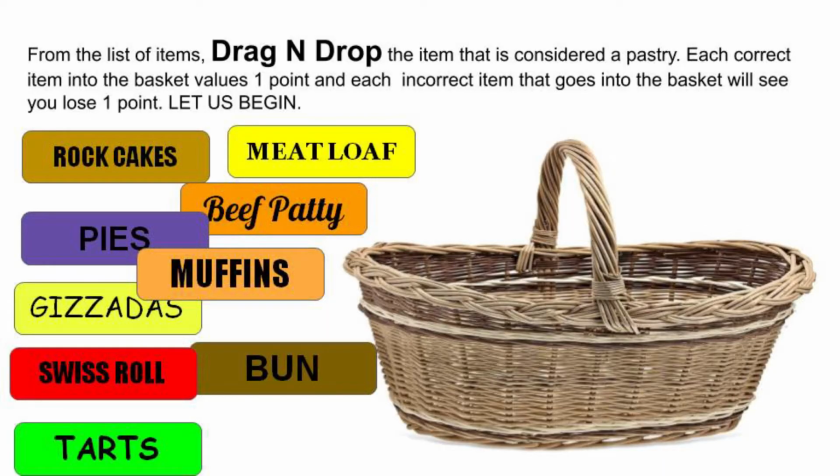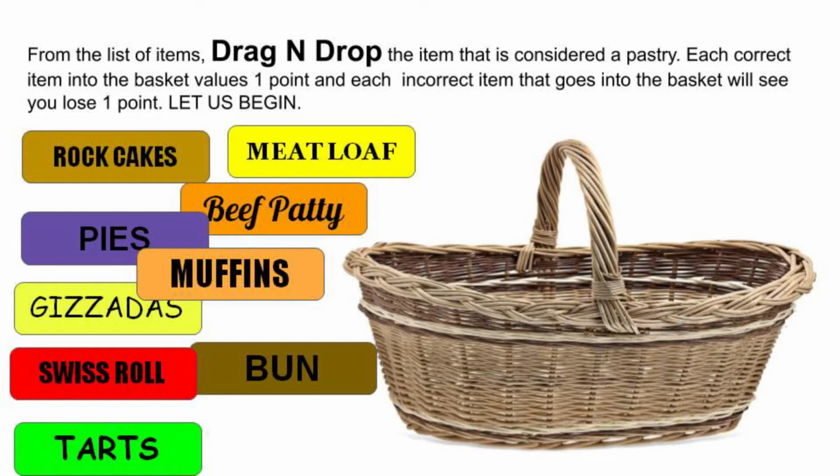The game is called Drag and Drop. You can read the instructions on the screen. Let us get into the game. Okay, so on screen you're seeing some words, and those are a list of different food products.